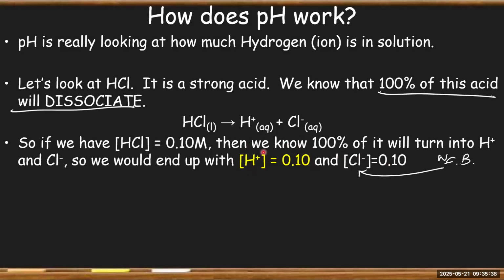Okay. So what does that mean? Moving forward, if they give you a concentration of a strong acid, it might as well be the concentration of the H plus. That's very important. If you get a concentration of HCl, they might as well just tell you it's the concentration of the H plus. Why is that important? Because we plug that into our pH calculation, right?